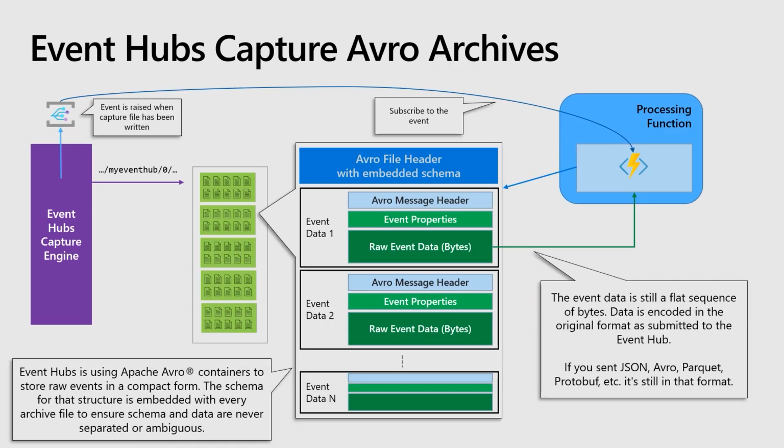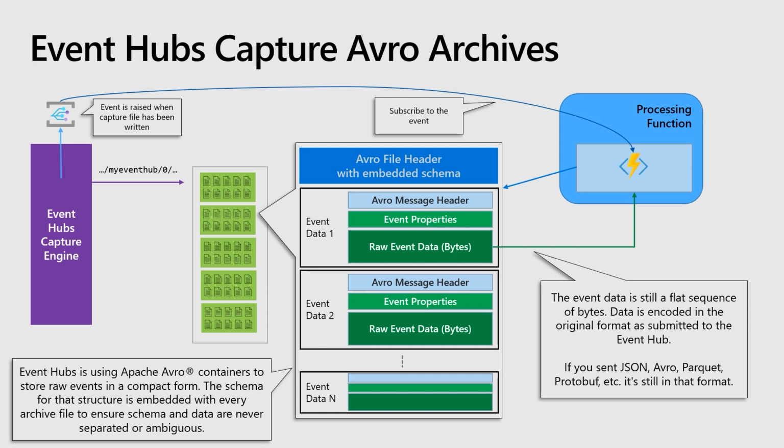What we're writing with Event Hubs Capture are Avro files. The reason we chose this format is that it's nice and compact and carries the schema with it. So it's Avro container files. A common misconception is that this makes a statement about the data that's inside of those events. It has nothing to do with it.